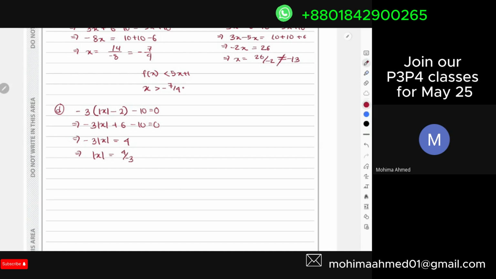Minus 3, that's one value that you can get. After this, again, you can do the same procedure for your positive and negative values. Minus 3, x minus 2, and minus 10 equals 0. Oh, sorry, we did that for negative already, so you're going to do this for positive. That will be x equals 16 by 3. So this is another solution that you can get, 16 by 3.